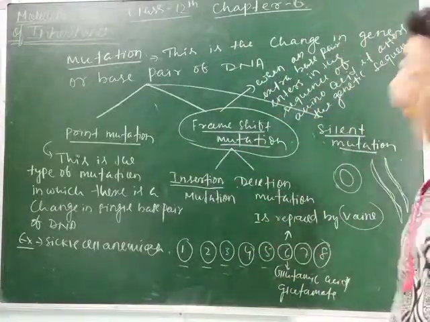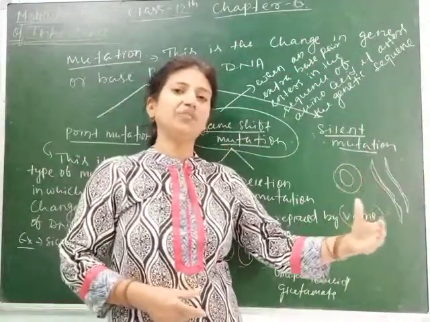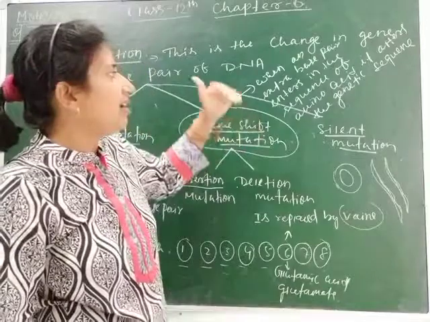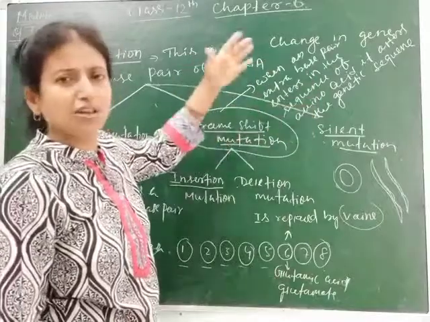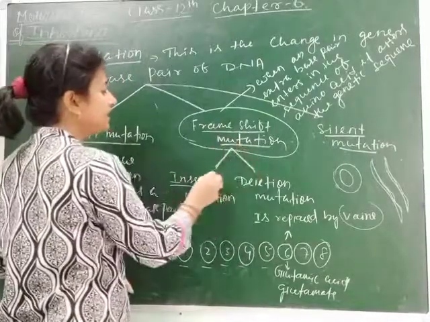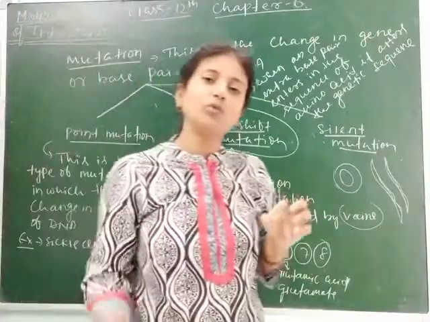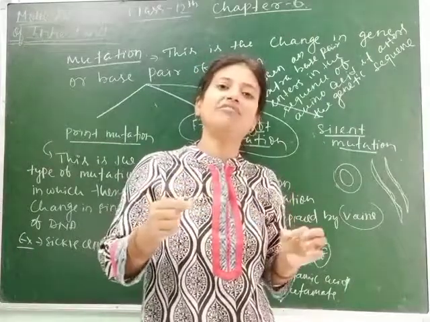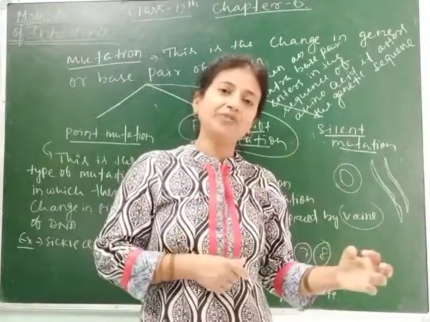If one base pair comes into the sequence, it will shift another amino acid to the next place. Now let's understand the theory. It will move that amino acid to the next place, then that one moves from its place to another place, and so the process goes on. This is called frame shift. Again, it is of two types: insertion or deletion, either due to entry of an extra amino acid or due to deletion of an amino acid. Clear?